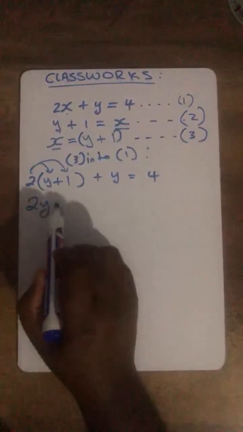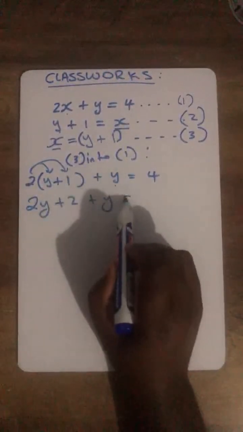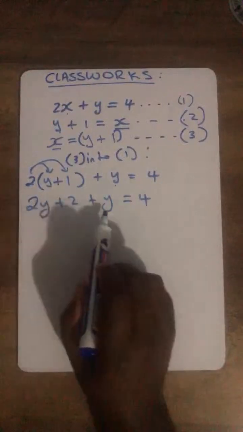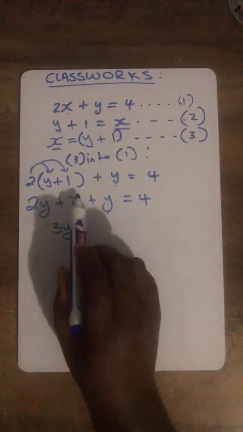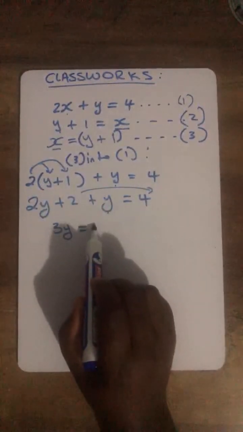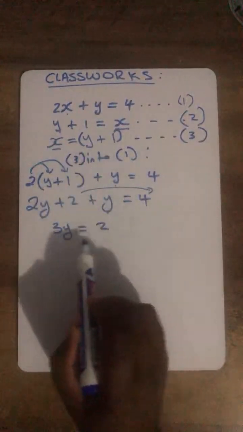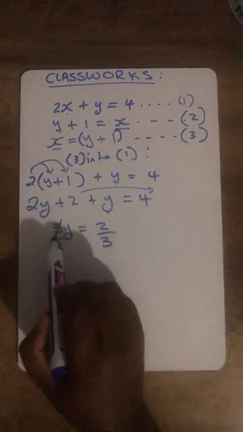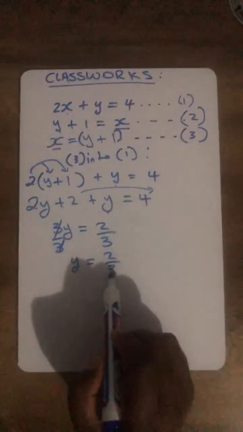So you have your 2y plus 2, you still have that y there, equals 4. So you have that plus that, which is 3y. So you can easily say I'm going to take this to the other side. That means 4 minus 2, which is just 2. Then you're going to divide both sides by 3. Why would you do that? It's so that that cancels with that, and then your y is equal to 2 over 3.